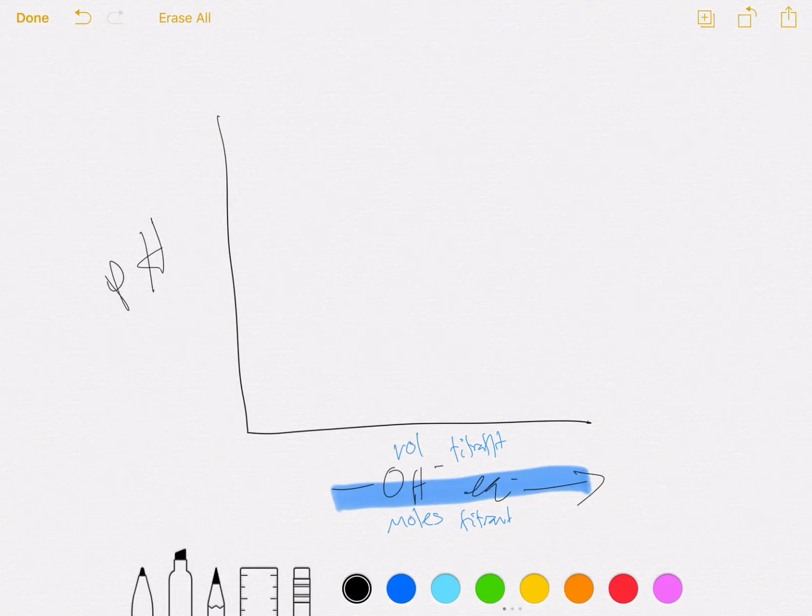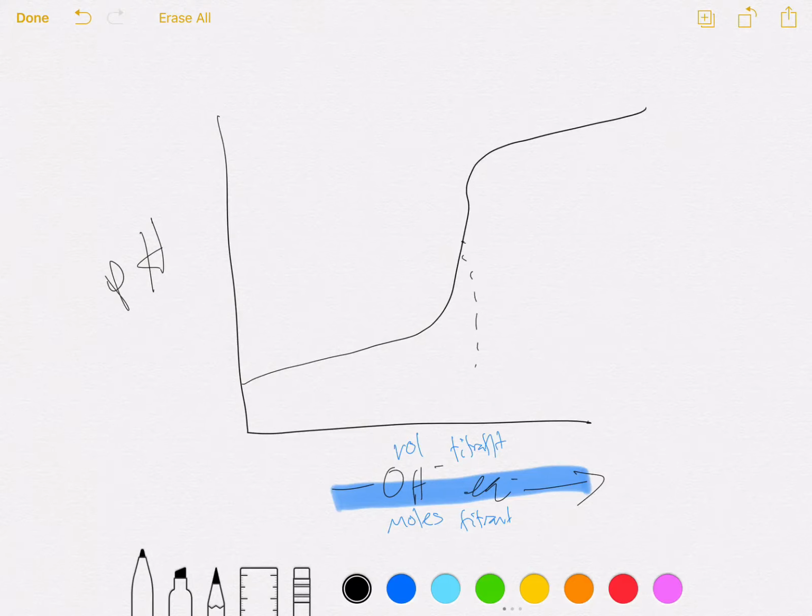So for instance, if you're titrating a strong acid with a strong base, you have the increase in pH, equivalence point, and then at that, that's a crappy line, 1.0 equivalent is when the moles of acid equal moles of base, and at that point, for a strong acid, strong base, the pH equals 7.